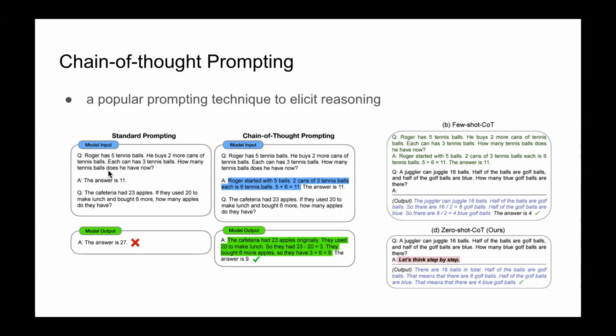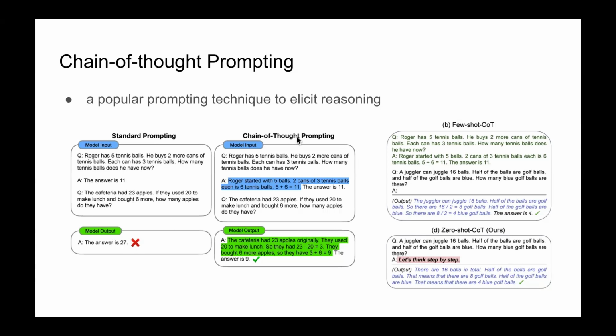How many tennis balls does he have now? And then you show it one example saying the answer is 11. And then you ask the large language model, the cafeteria had 23 apples. If they used 20 to make lunch and bought 6 more, how many apples do they now have? The model gives you something like 27, which is wrong.